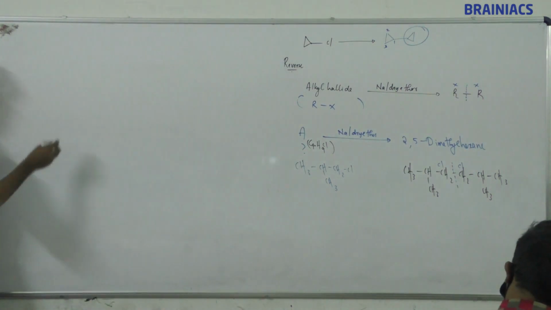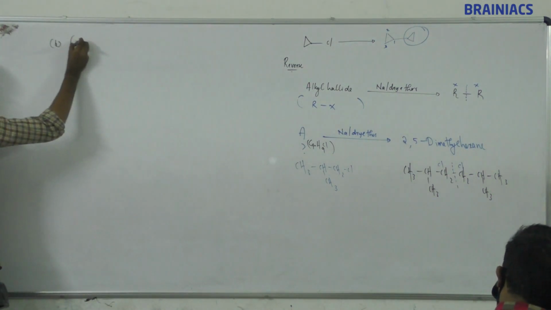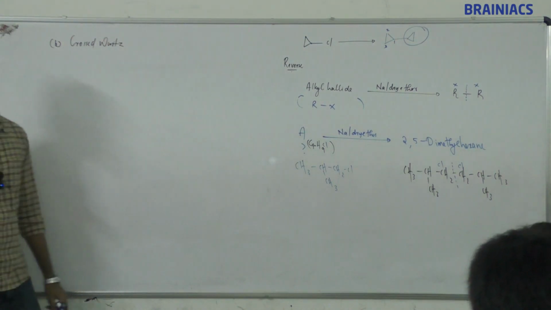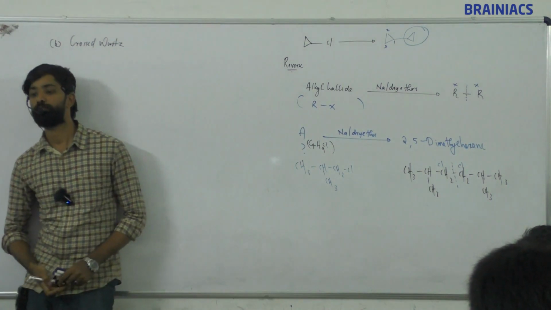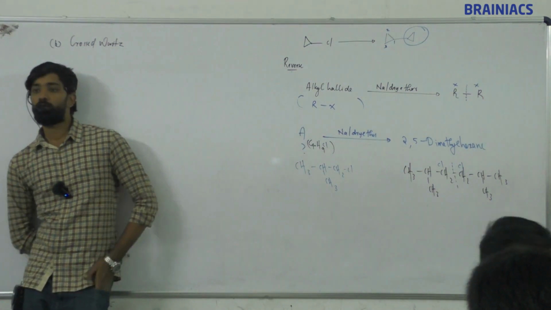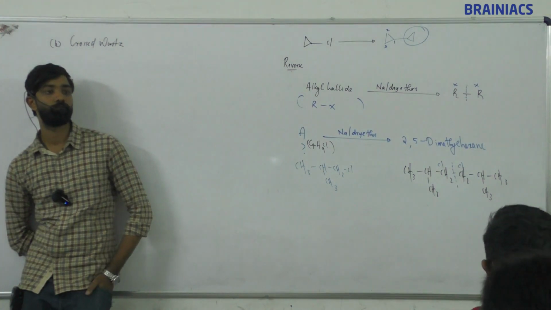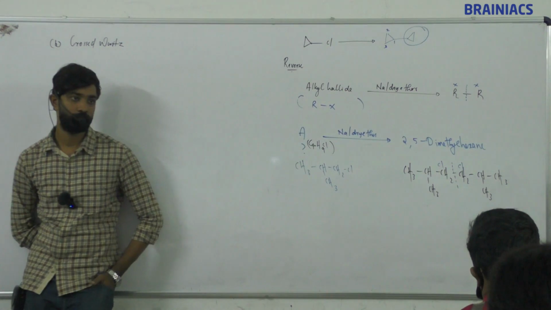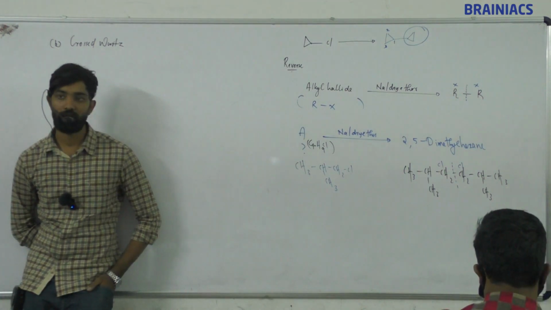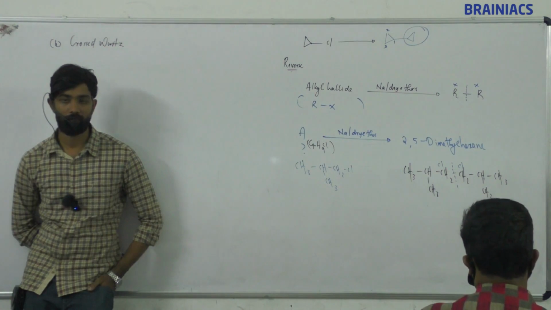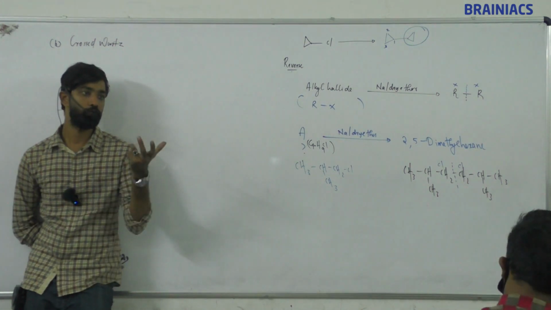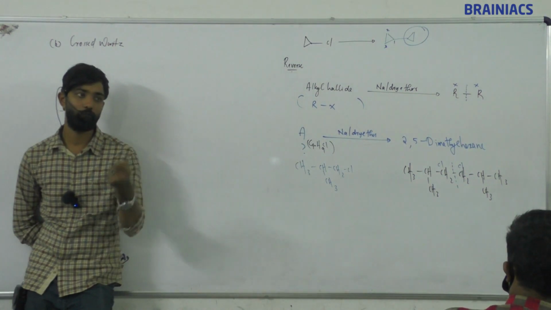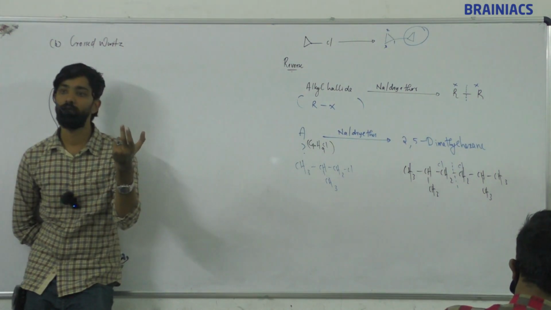Moving to the second possibility in Wurtz reaction, that is the crossed Wurtz reaction. Crossed Wurtz means we know that we require two alkyl halides, or we require two carbon-halogen bonds. That's a correct idea. We simply remove the halogens and couple the carbons.